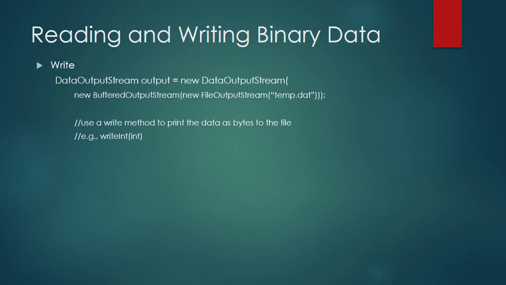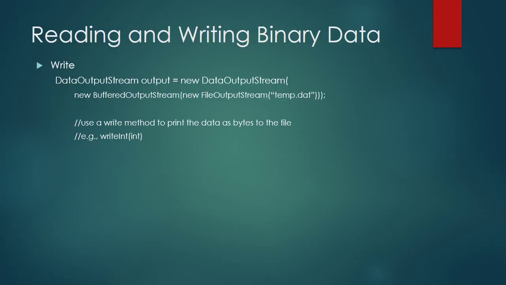Instead of having my output stream connected directly to my file stream, I actually have this BufferedOutputStream. I want to talk about why after I introduce and go over the read, but I just want you to understand right now that once I've done this, the write methods are part of the DataOutputStream. In this case, they will be part of the output object.